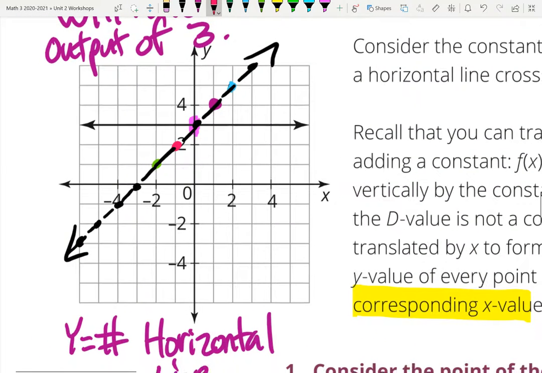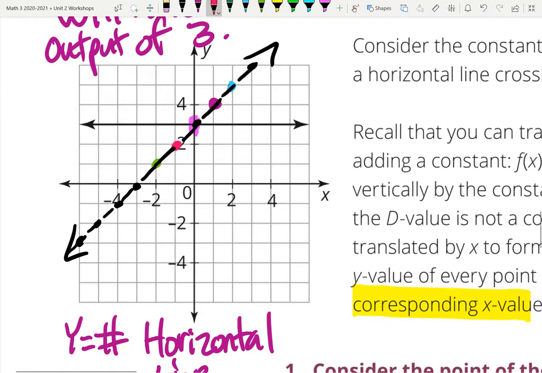Now remember, how was this created? That's the question. All of our points came from this original line, right over here. Everything started from there. Well, think about how it's created. This is all a translation. In order for it to be created, how far does this point have to go to reach the x-axis? 1, 2, 3.